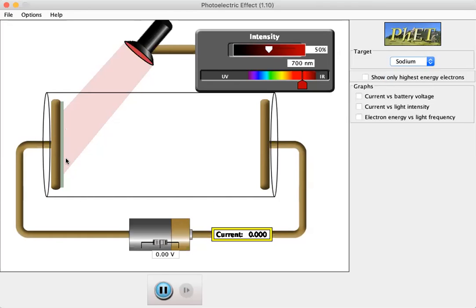And this is because the frequency of light is not sufficiently high, and thus the photons are not sufficiently energetic to knock off electrons. Note that the light intensity has no effect on this. In fact, if I increase the intensity, say to 100%, we still get no photoelectrons.